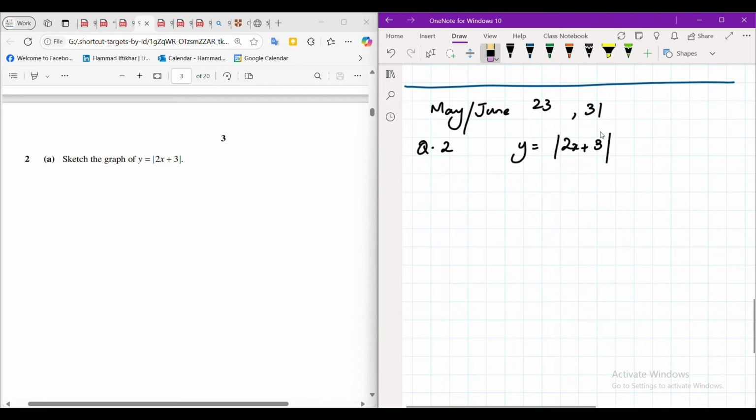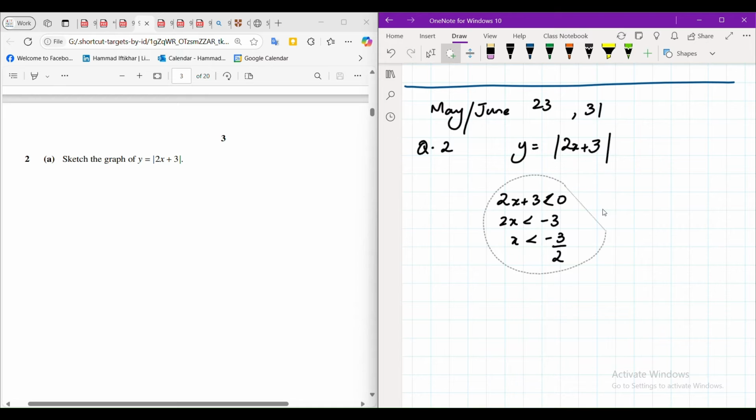Now, just like before, we need to figure out where it crosses the x-axis, and that would be the vertex. So we can just do 2x plus 3 equal to 0, or even less than 0, that would be fine also, because that's where we're actually making that negative function. So 2x would be less than negative 3 and x would be less than negative 3 over 2.